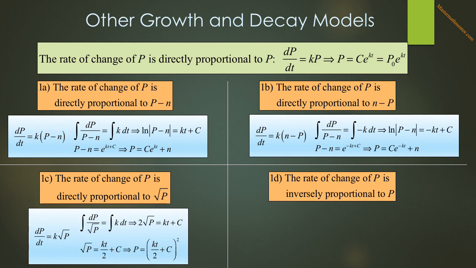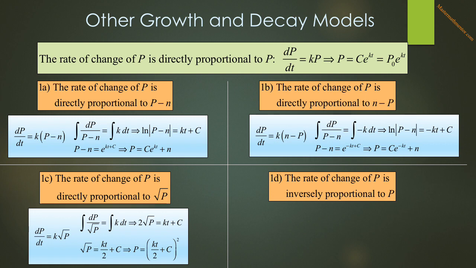C reads, the rate of change of P is directly proportional to the square root of P. Our differential equation is dP/dt is equal to k square root of P. And separating, we get dP over the square root of P is equal to k dt. Integrating both sides, we get 2 square root of P is equal to kt plus c.